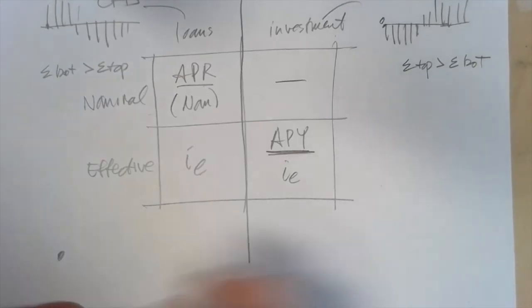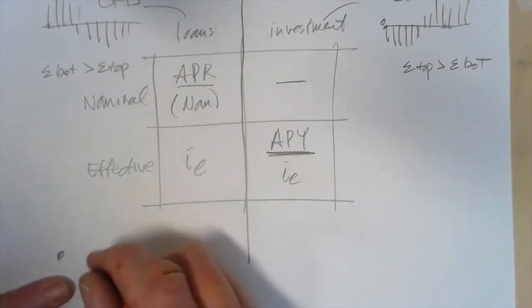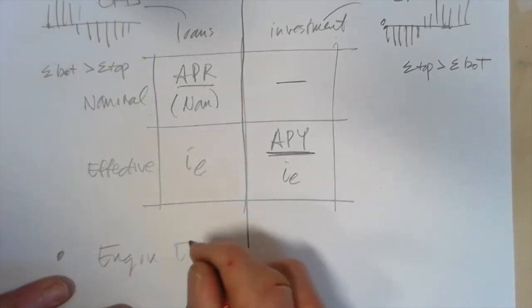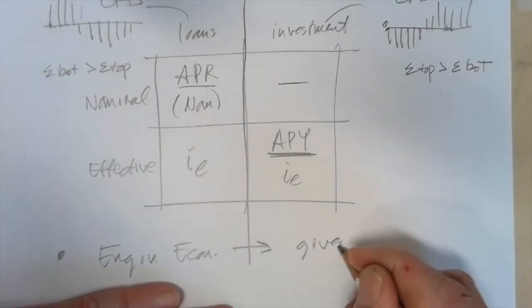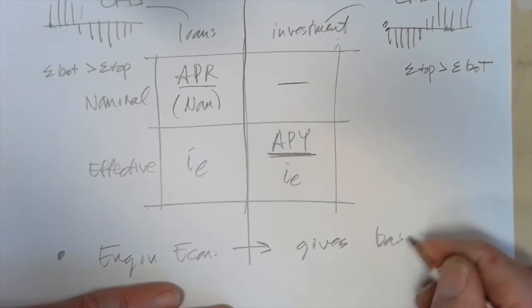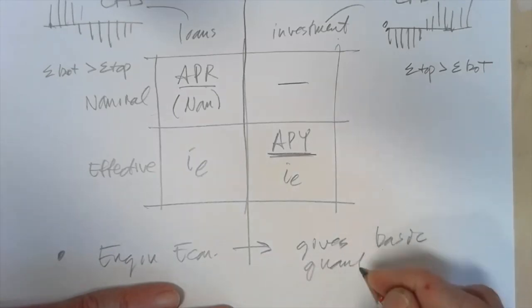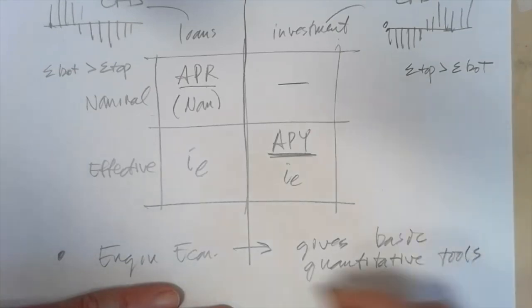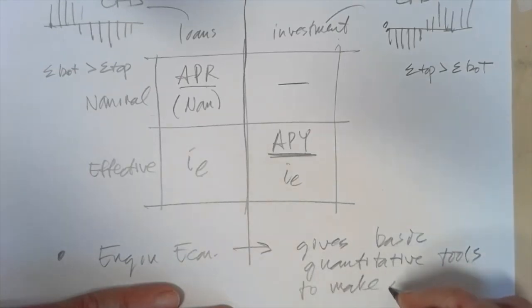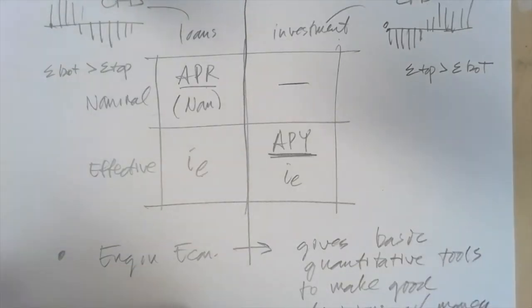The whole purpose is very simply that engineering economy gives you basic quantitative tools to make good decisions with money. And it doesn't matter whether it's US dollars or rupees from India or even Bitcoin.